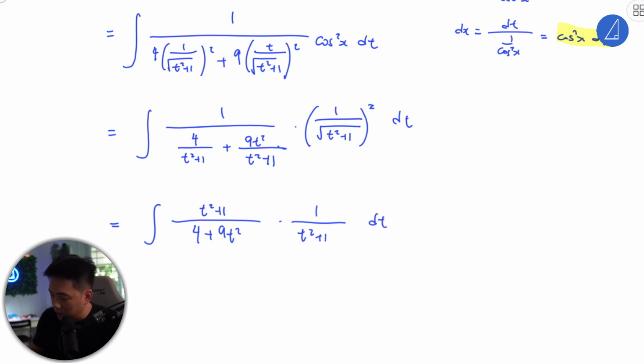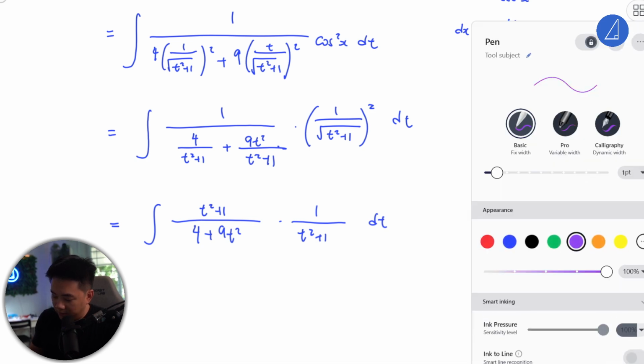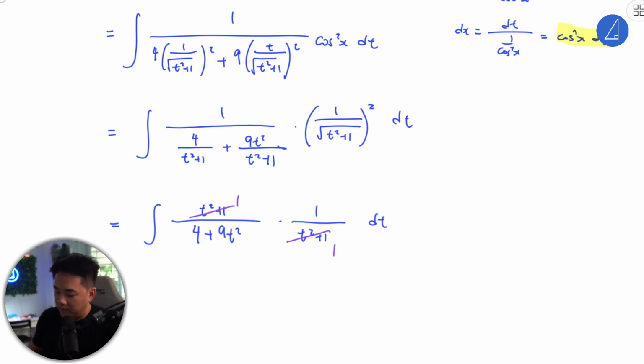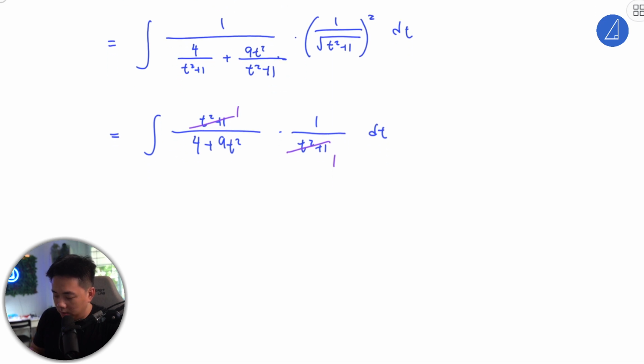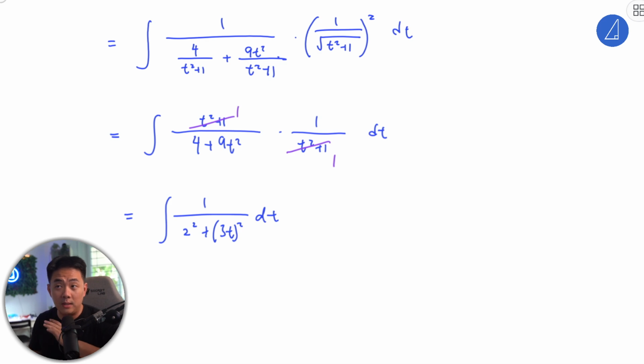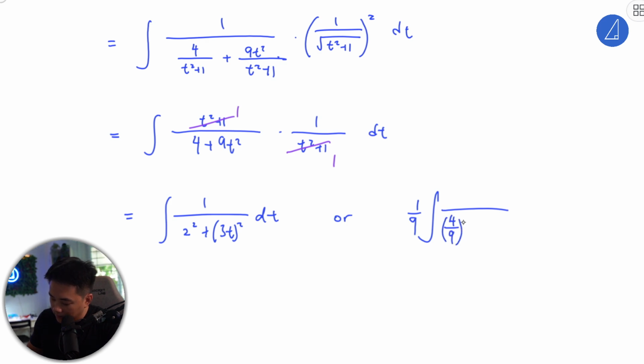Okay, so the whole ordeal here is to change everything in terms of t, as a function of t. So we get this. Not an issue. This will be the integral of 1 over 2 square plus 3t square dt. Remember, this is using MF27. You can write this down as factorize the 9 out. That will be easier. So this will be 4 over 9 plus t square.